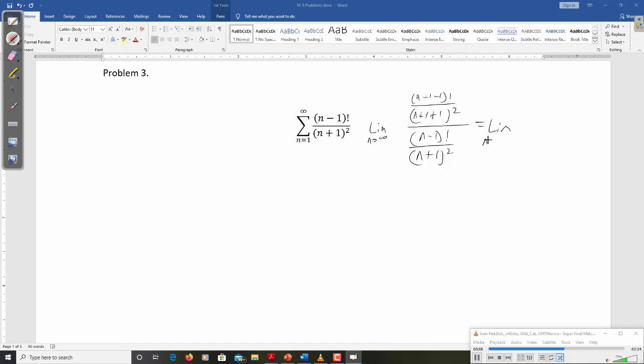That's going to equal the limit as n goes to infinity of n factorial over (n+2) squared, times, flip that, (n+1) squared over (n-1) factorial.